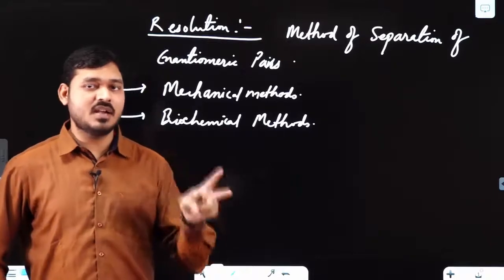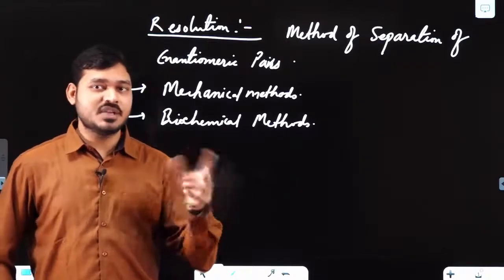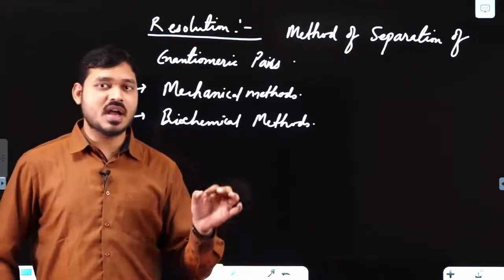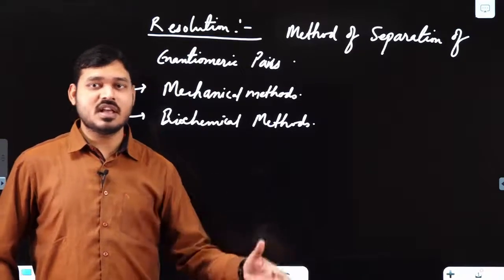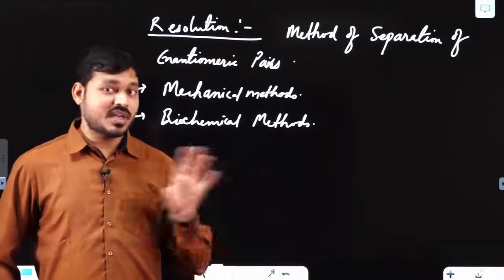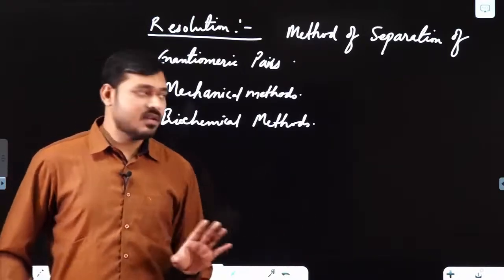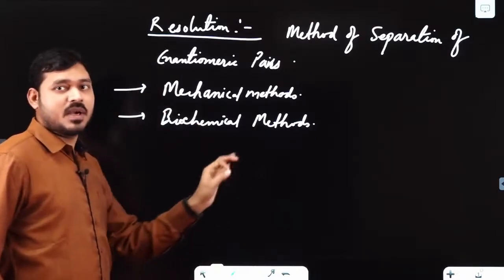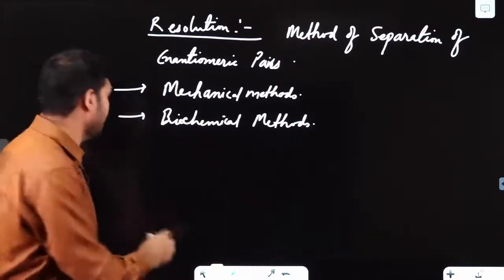Suppose we have A and B which are mirror images, an enantiomeric pair. So it will destroy completely one of the isomers, but the other will remain as it is. So in that way the separation is done. This is also used in a very limited amount for particular cases only, so it is not generally used.